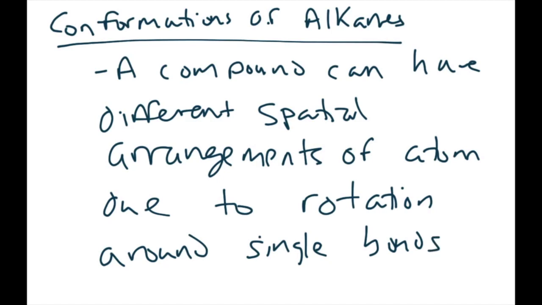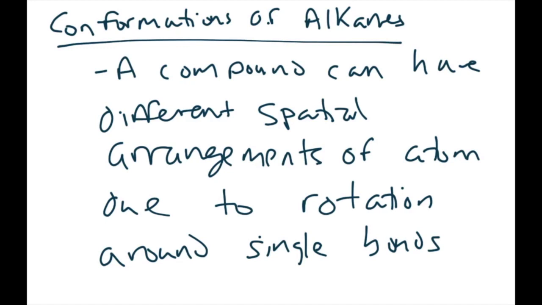So a molecule could have the exact same name but look slightly different because of how the atoms are arranged, due to the fact that single bonds, carbon-carbon and carbon-oxygen single bonds, are free to rotate around the bond.